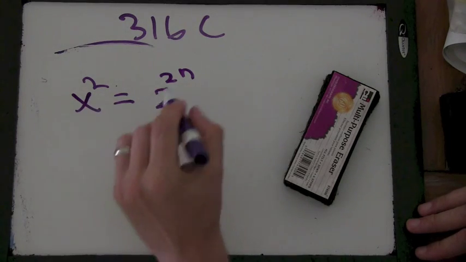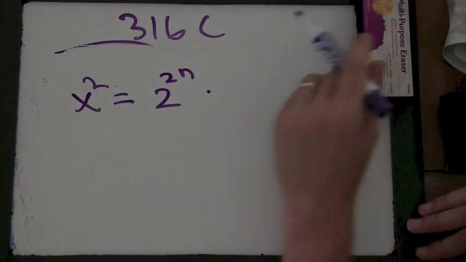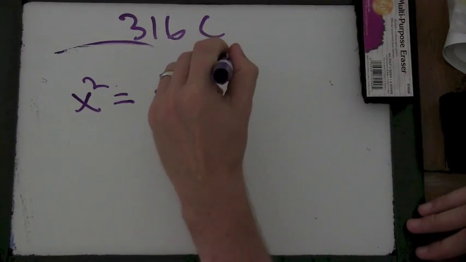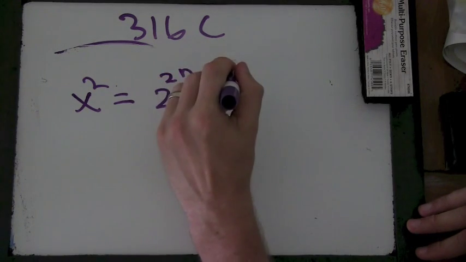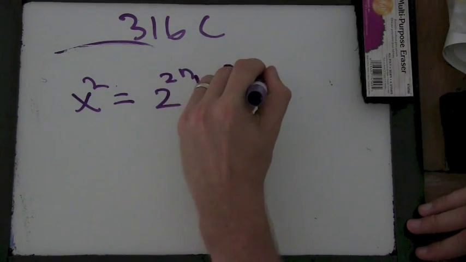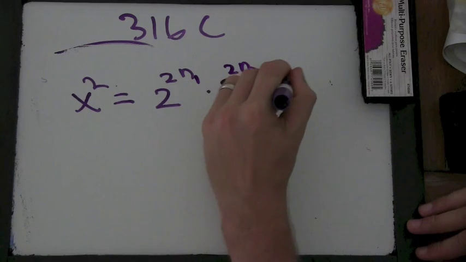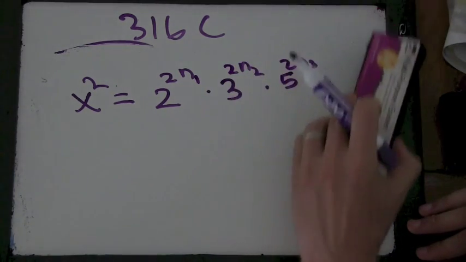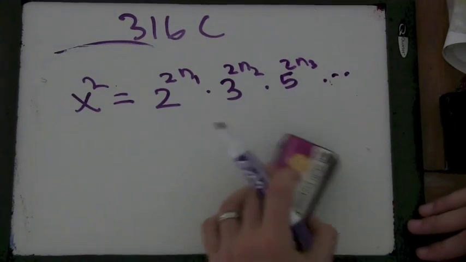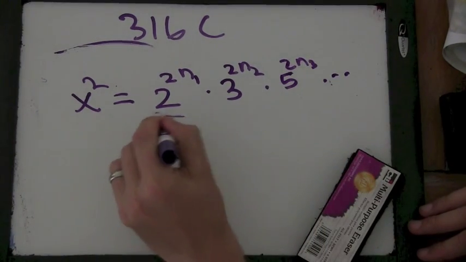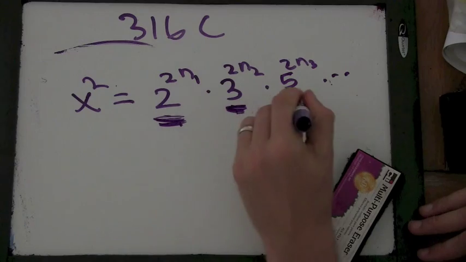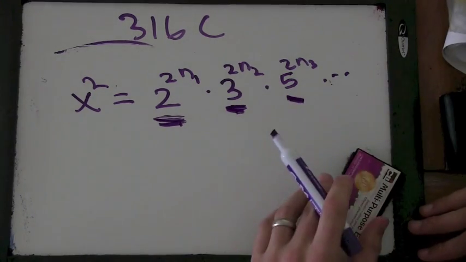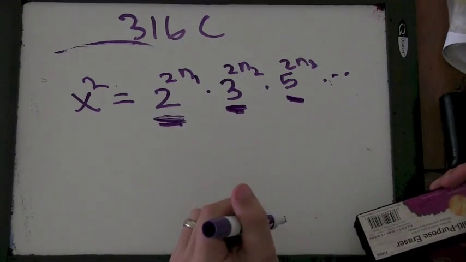Because it's a perfect square, times a bunch of odd primes now. 3 to some even power. 5 to some even power. All the way up. Okay? So it's going to have 2's, 3's, 5's, 7's, whatever, a bunch of prime numbers. But all the powers are going to be even.